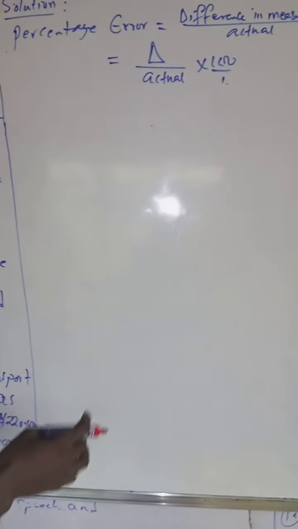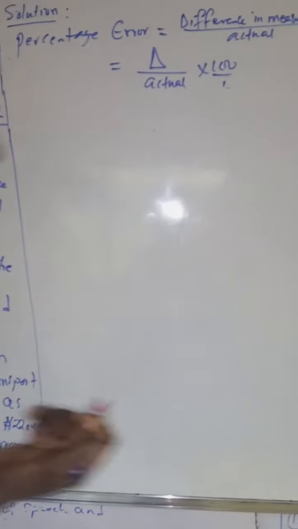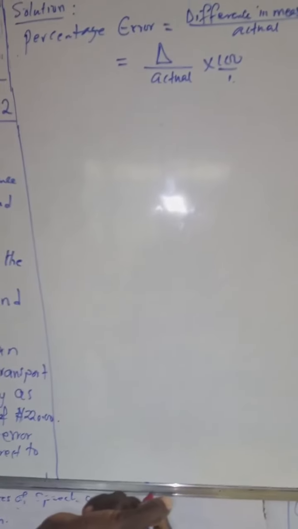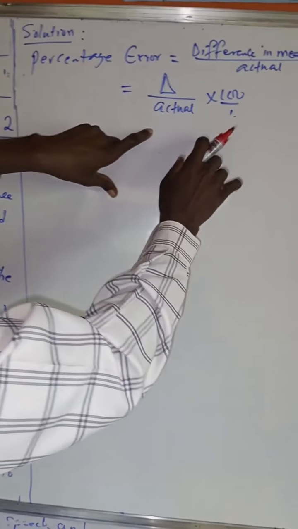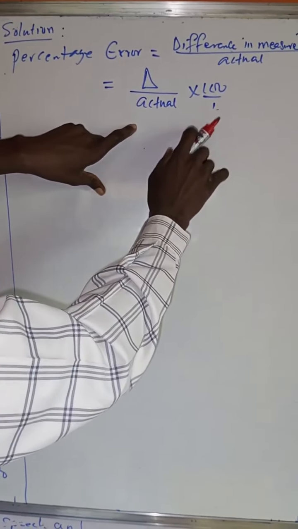So percentage error could be an increase in percentage, or it could be a decrease in percentage. If it is an increase, it means the error made will be bigger.